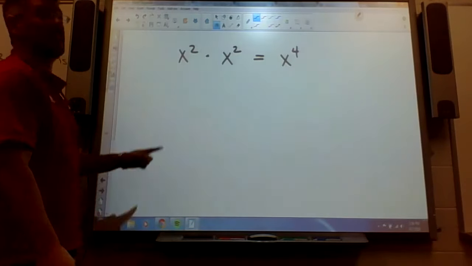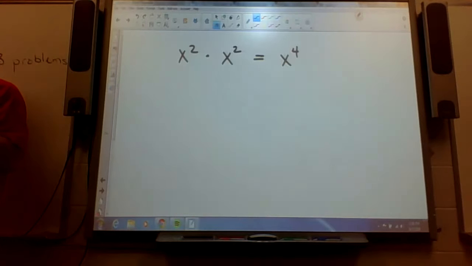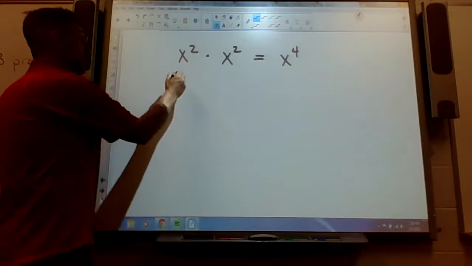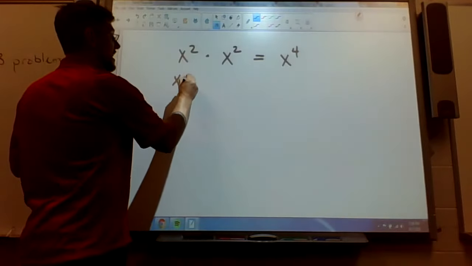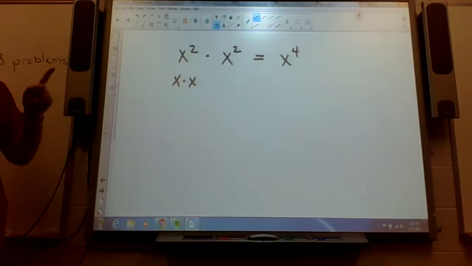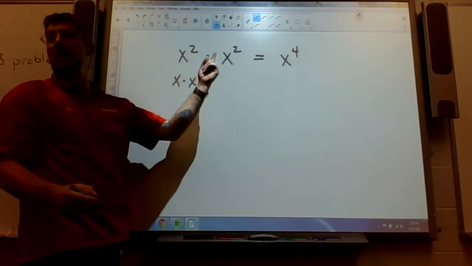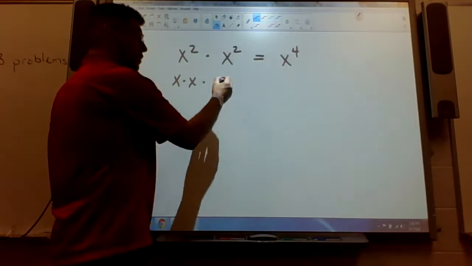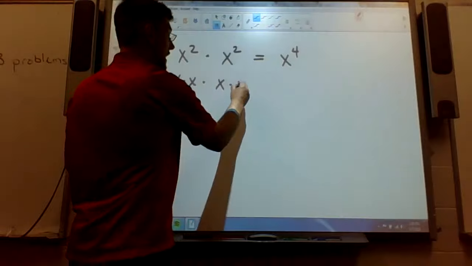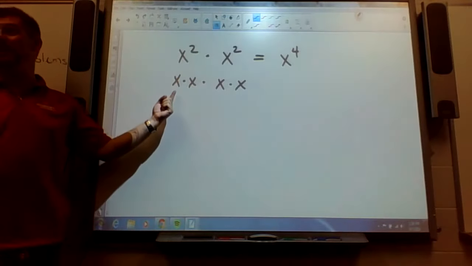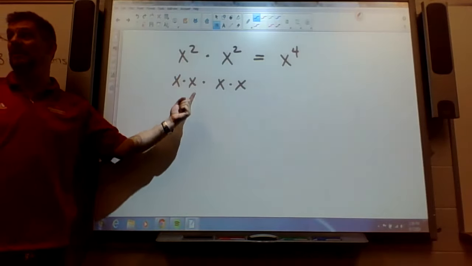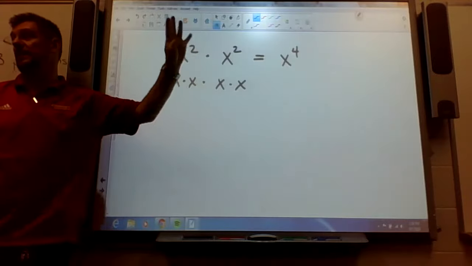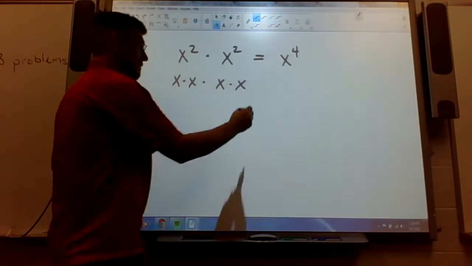Here's why we do it, okay? Let's think about what x squared is. X squared is x times x, right? And I'm multiplying it by x squared, which is also x times x. So then I'm multiplying x times x times x times x. X to the fourth, right?